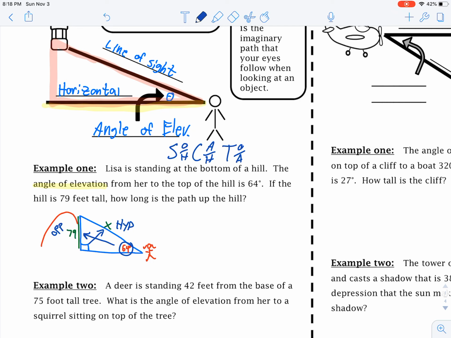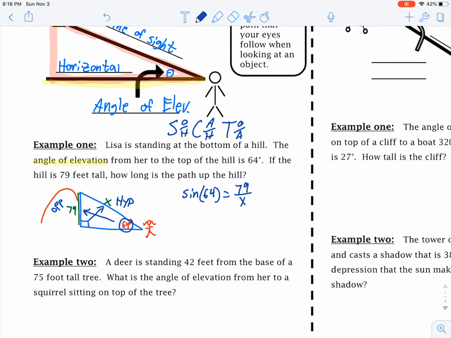Alright, which one are we going to use to find x here? Which one uses opposite and hypotenuse? Alright, we're going to use sine. Alright, so we write sin, what always goes in our parentheses, our angle. So 64 degrees goes inside, equals, what's our opposite? 79 over our hypotenuse, which is x.